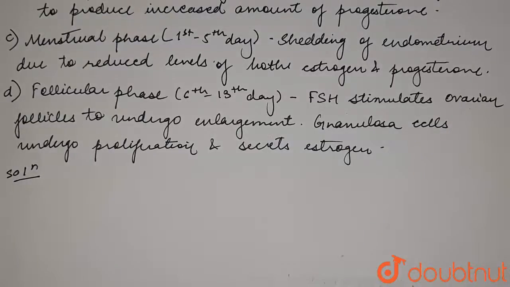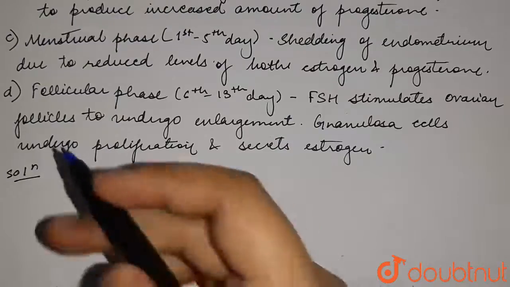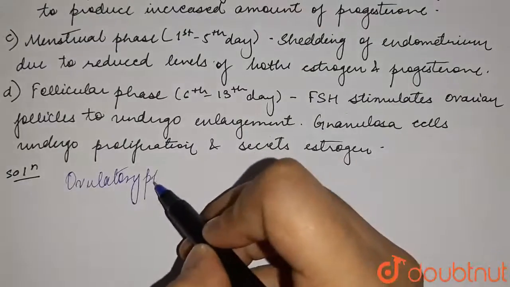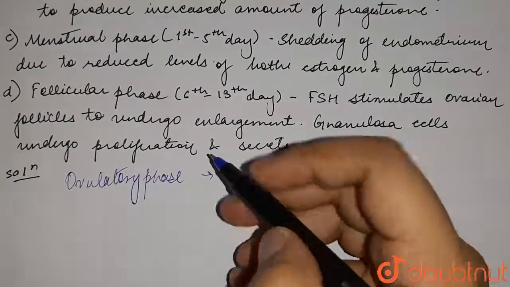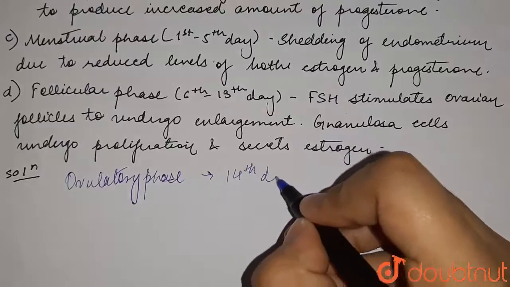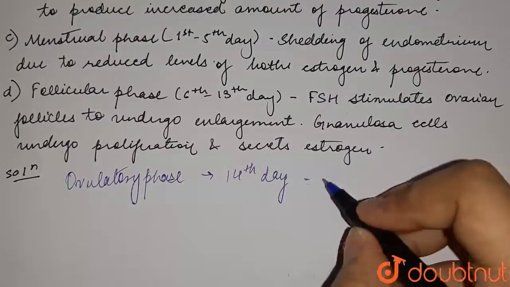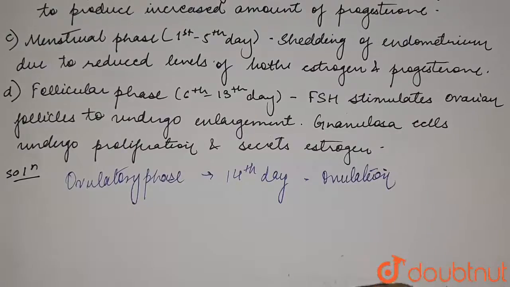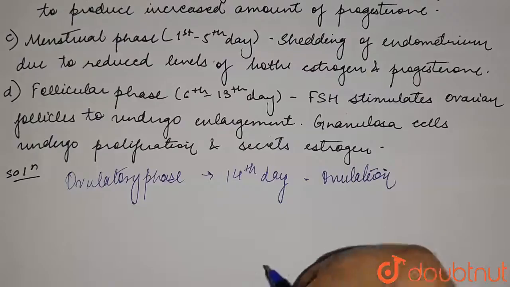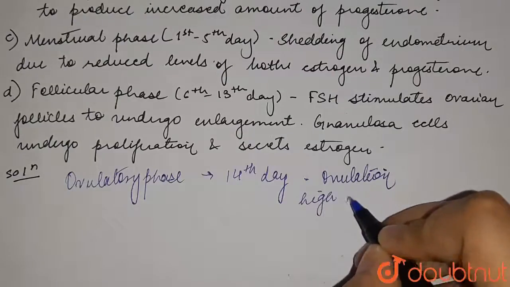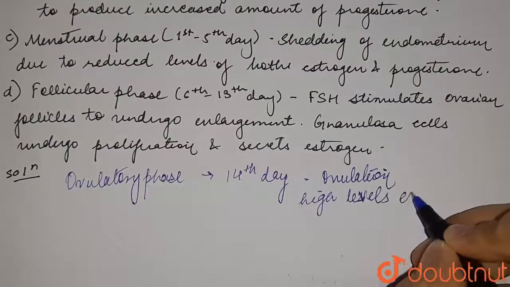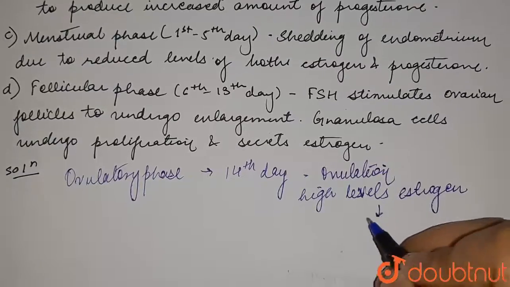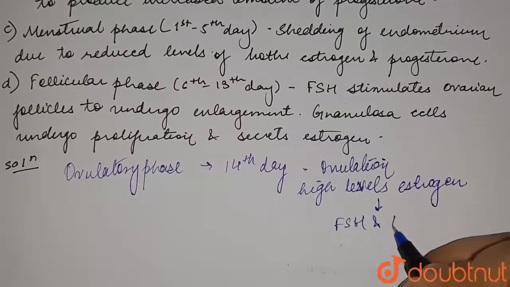So now let's talk about the ovulatory phase. In this phase, it happens on the 14th day, which is true, and there is the ovulation, which means release of egg from the ovum, and in that there are high levels of estrogen, which causes the high levels of FSH and LH.